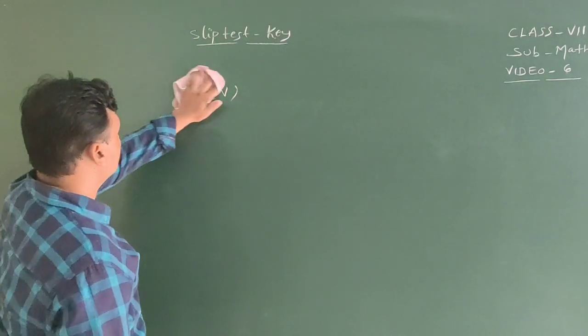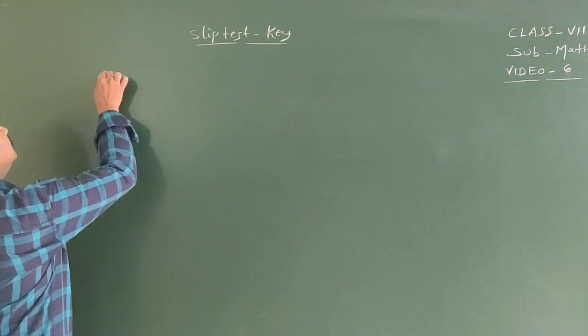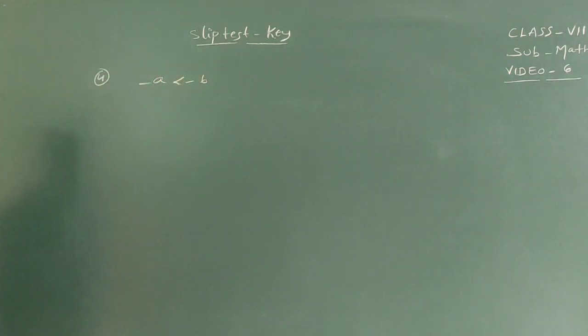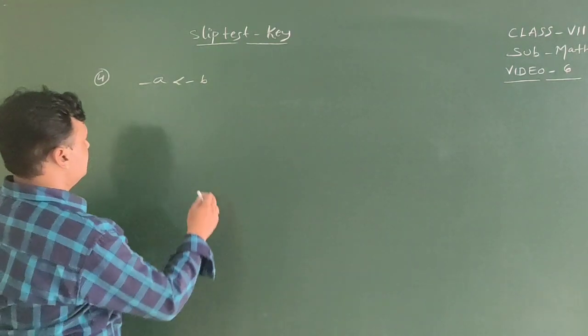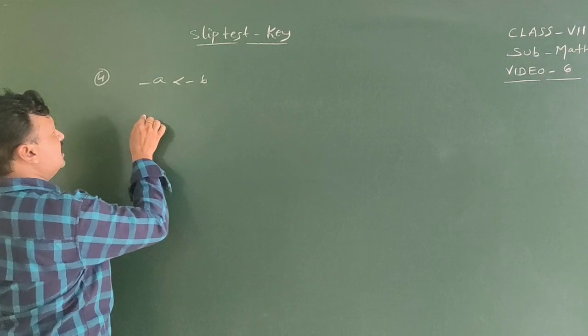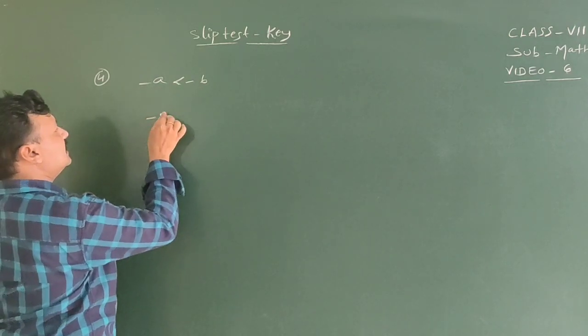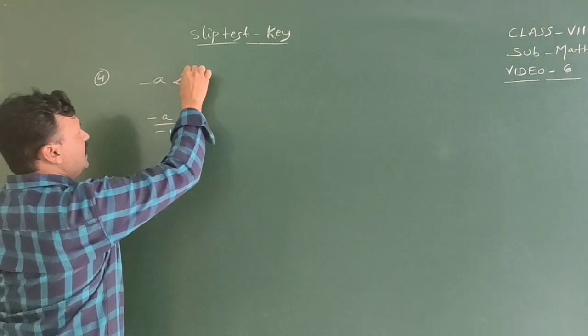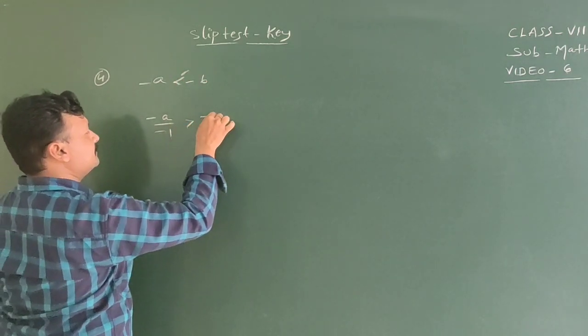Next, fourth one. Minus a less than minus b is said as, if you multiply minus a by minus 1, the inequality sign alters.